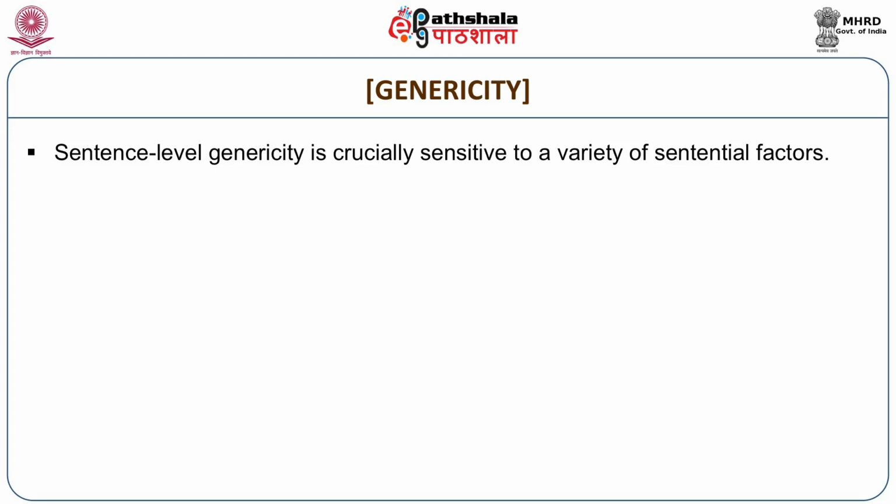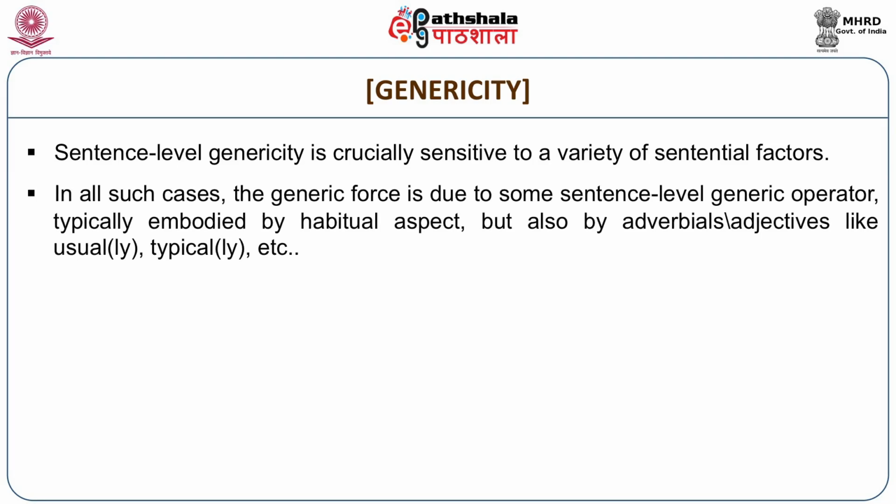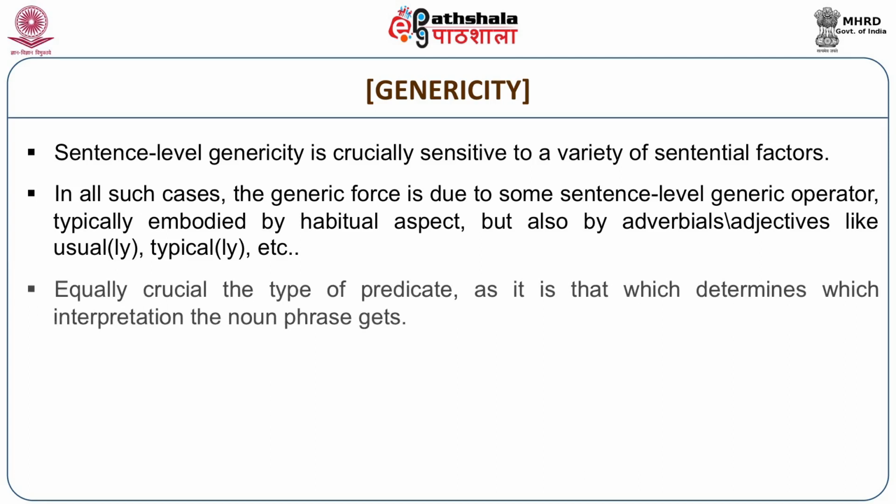Sentence level genericity is crucially sensitive to a variety of sentential factors. In all such cases, the generic force is due to some sentence level generic operator, typically embodied by habitual aspect, and also by the use of adverbials and adjectives like usually, typically, etc. What is also relevant here is the type of predicate, as it is that which determines which interpretation the noun phrase can get.